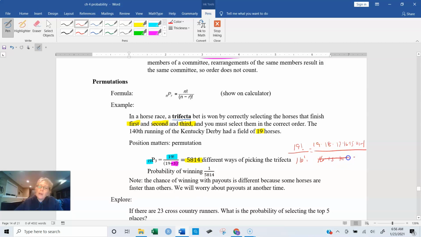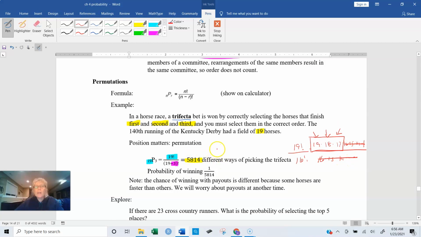Well, if you look, these cancel out, which makes sense. I have 3 positions with horses to choose from. I have 19 horses for the first place. If I subtract 1, I picked 1, I have 18 to choose from for the second place, and that means I have 17 horses to choose from in the third place. And that will give you this.